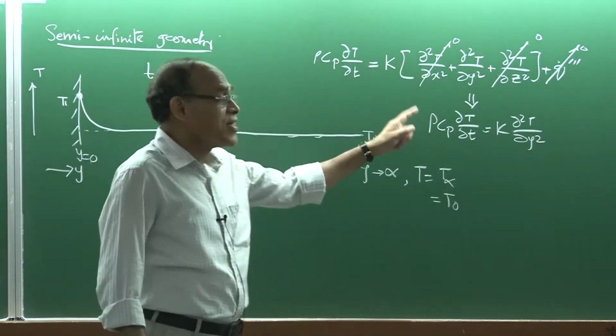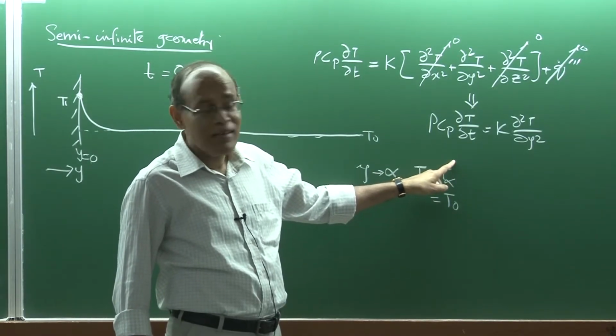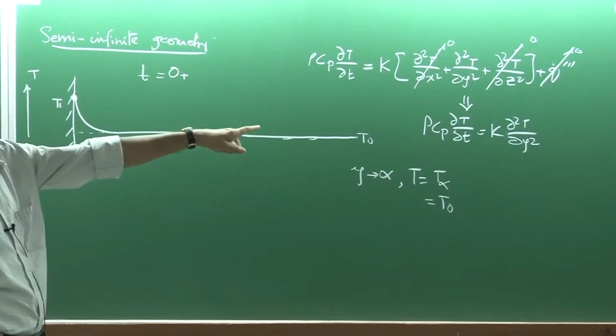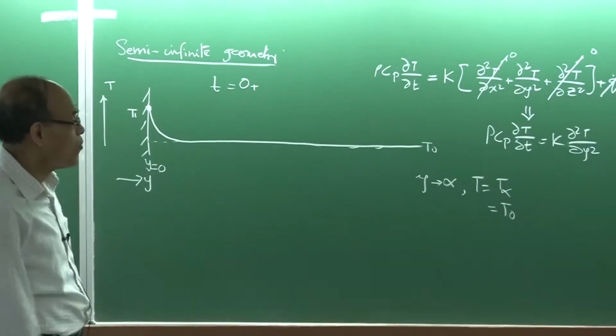This equation was the same equation that we applied to the slab geometry, which I discussed last time, but now the moment I apply the initial and the boundary conditions, the characteristics of the semi infinite geometry will come into the picture.